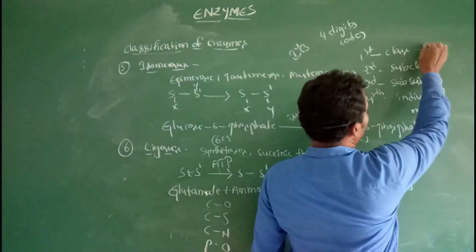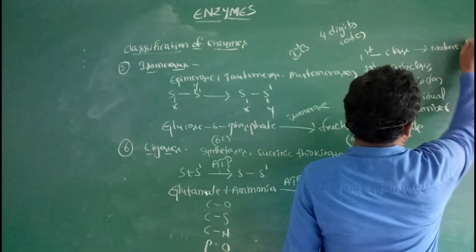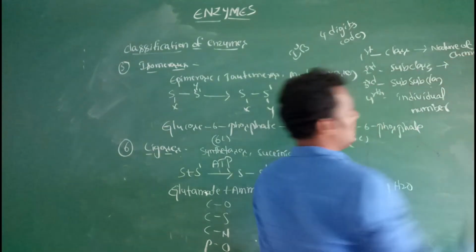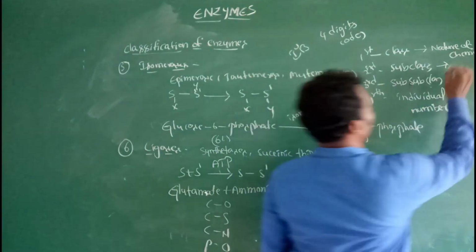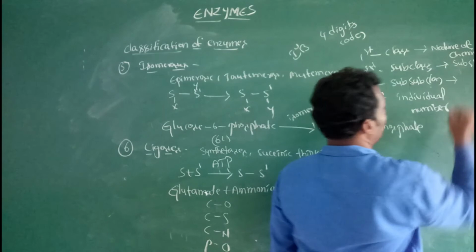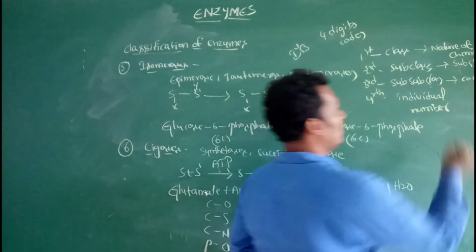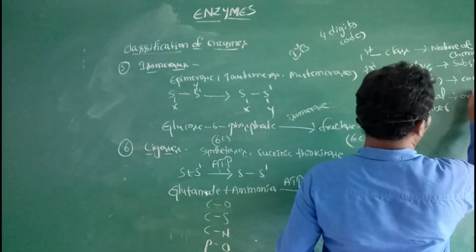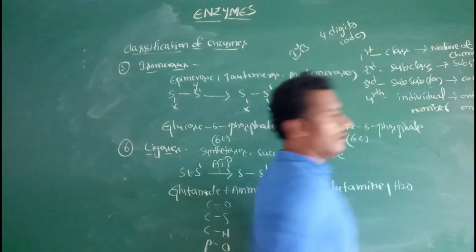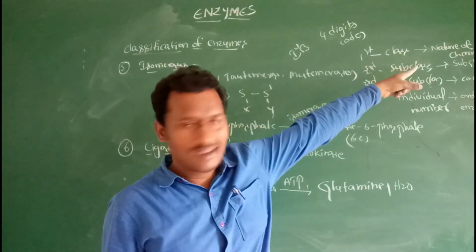The first code denotes the class, the nature of the chemical reaction.